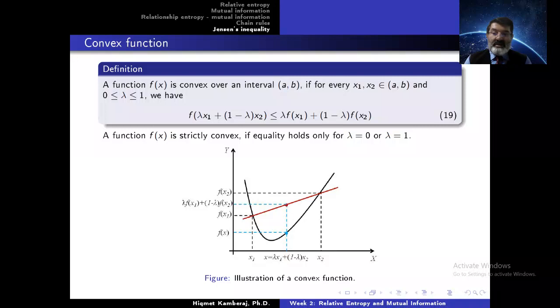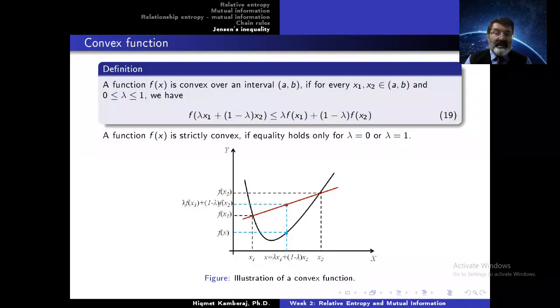By definition, a function f of x is convex over interval ab if for every x1, x2 in the interval ab and a lambda between 0 and 1, including 0 and 1, we have that f of lambda x1 plus 1 minus lambda x2 is less than or equal to lambda f of x1 plus 1 minus lambda f of x2.